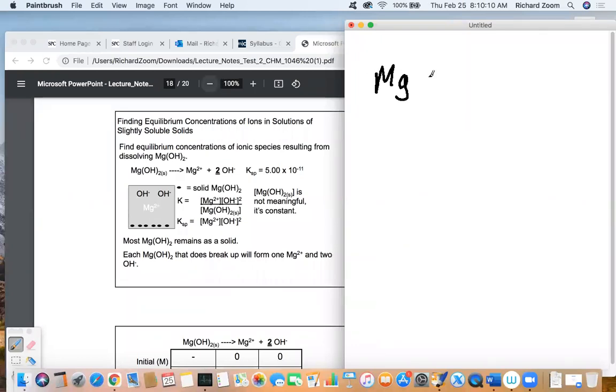So Mg(OH)2, if I drew a picture of it, would be Mg, OH minus, OH minus, which makes the Mg2+.